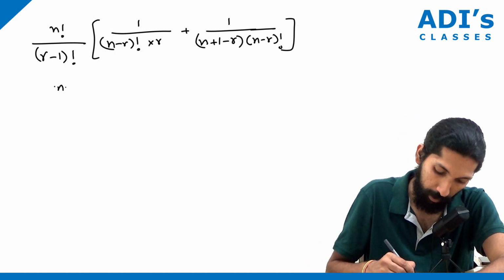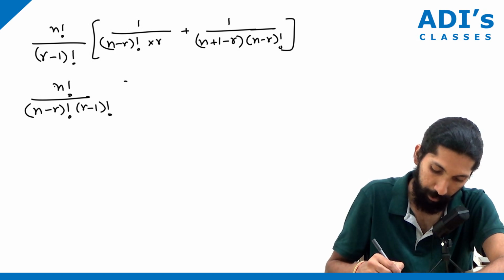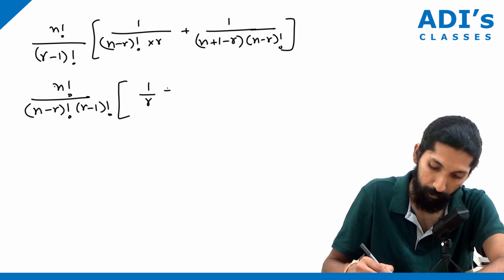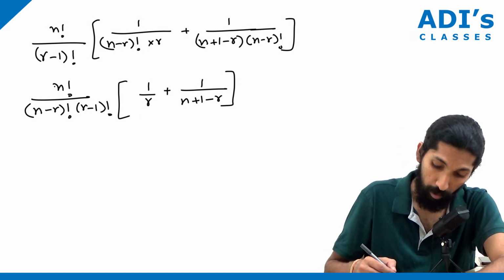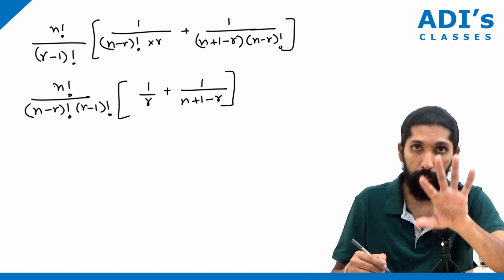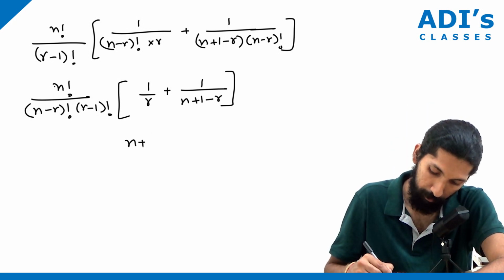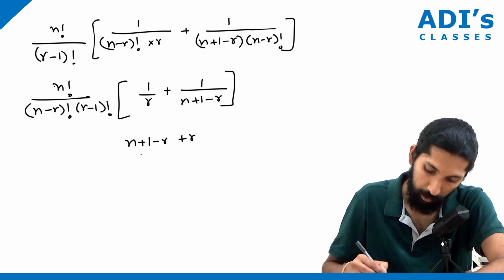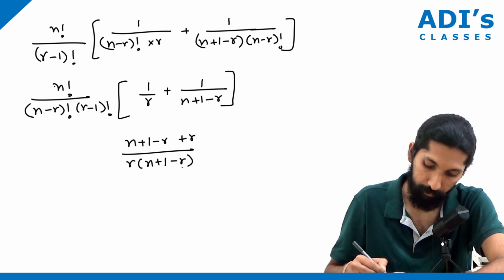We get n factorial divided by n minus r factorial into r minus 1 factorial into 1 by r plus 1 by n plus 1 minus r. Correct? Take LCM within the bracket. Forget about what is there outside the bracket. If you take LCM, n plus 1 minus r plus r divided by r into n plus 1 minus r.